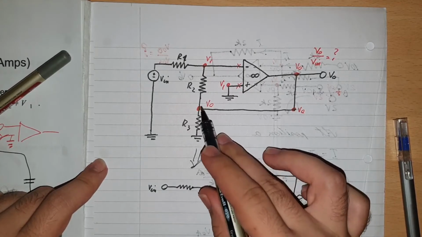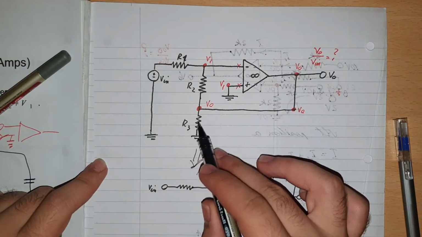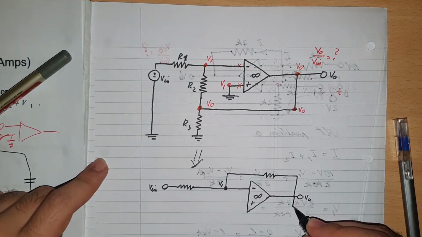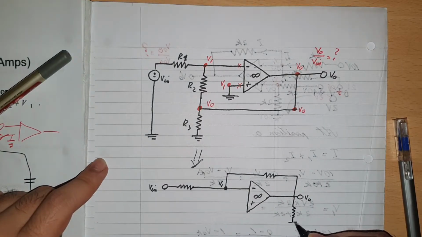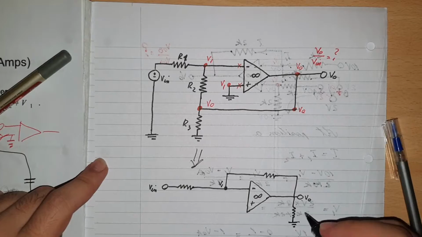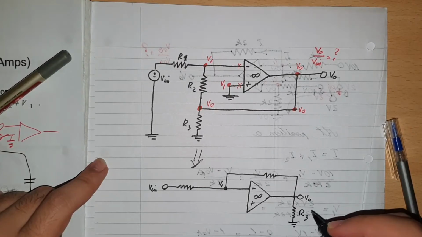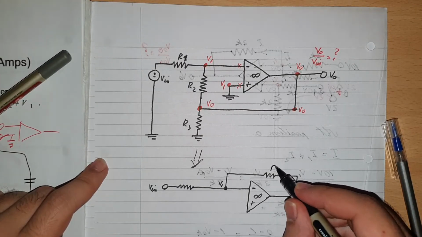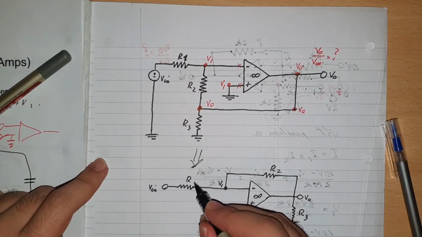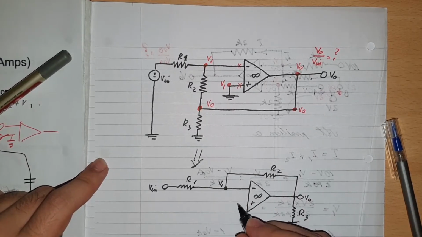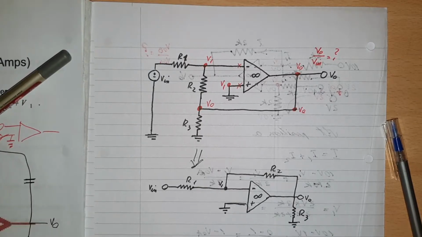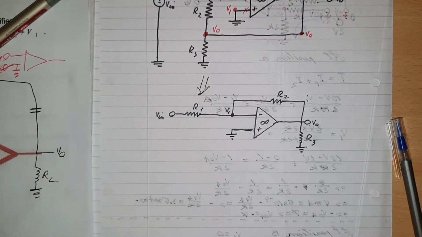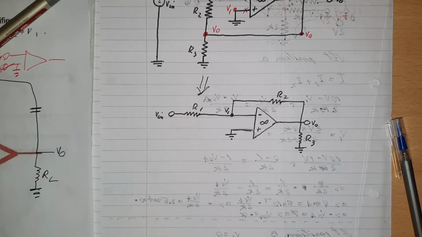At this junction, this is V out, so we can say that RL is in here, connected to ground. R3 is here, which is kind of like RL, the load resistor. This is R1, this is R2, and this will be the ground. And then we have it. We simplify the circuit a lot by doing so.